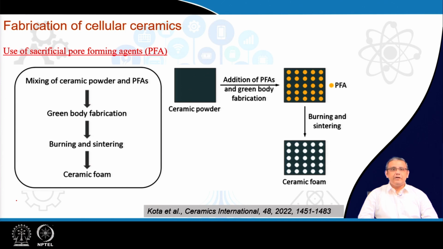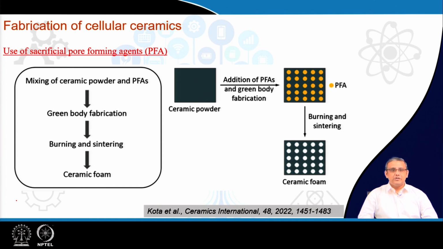After the green body is fabricated, the next step is the burning and sintering. Many a times burning and sintering steps are combined together in one single stage of sintering. There are also cases where first the sample is burned and then further sintered. During burning and sintering, the main thing that occurs is the pyrolysis of the pore former, because the pore formers are many a times polymeric materials like polymer beads or polymer wax.